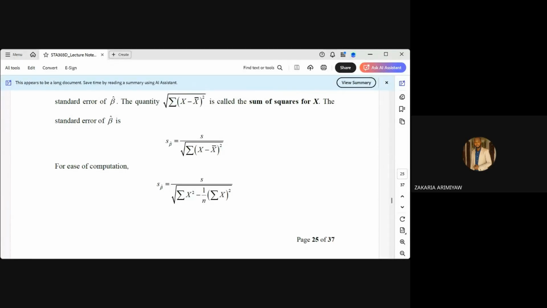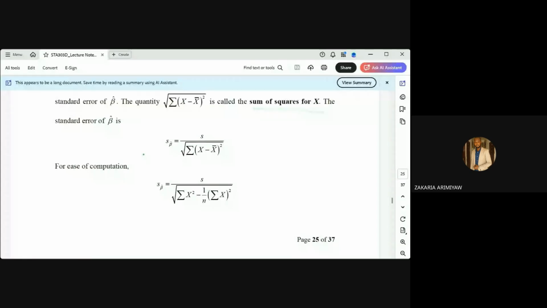So here we are saying that if you want to calculate the standard error of beta cap, which we are representing by S beta cap, we have to divide the standard error of estimate by this particular expression. The expression in the square root sign, the summation x minus x bar square, is what we call the sum of squares for the x variable.